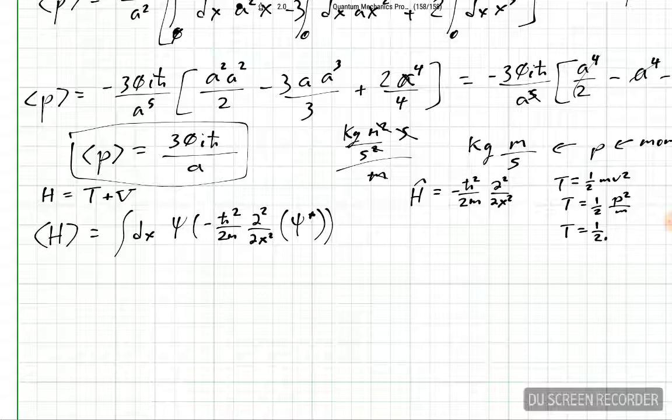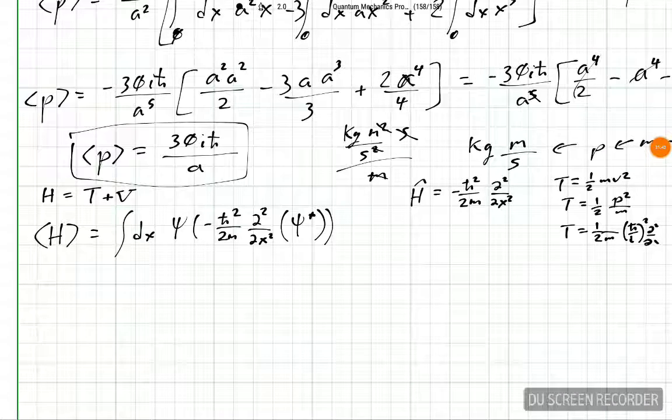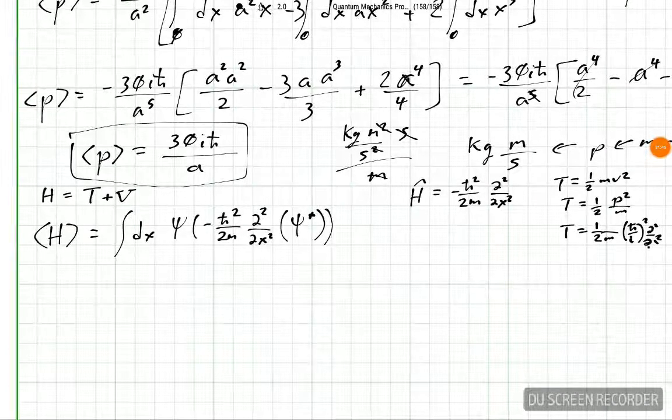So that means you get 1 over 2m, and then your operator form was h bar over i squared, and then you have del x squared, which is all outlined in the chapter as well.